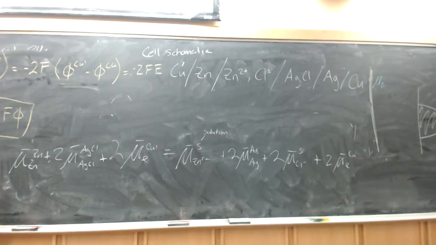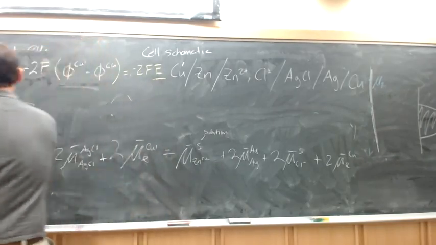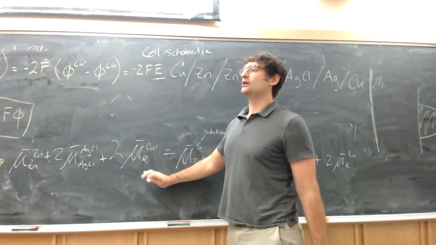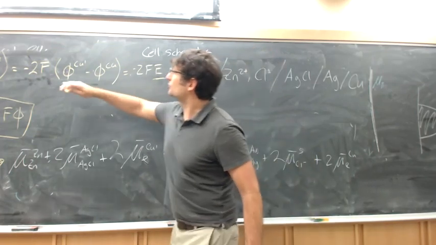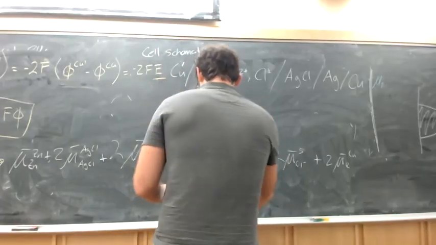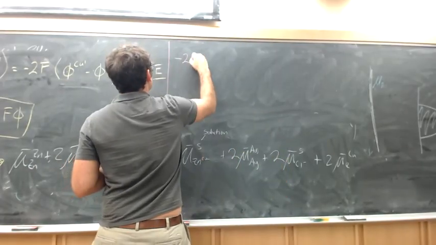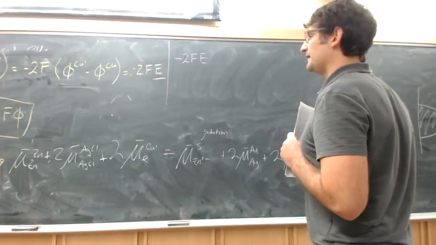So now I actually have a way, I've identified the cell potential as a component of that equation. And what we're going to try to do is use this equation to derive the equilibrium cell potential. So now at least we know what the cell potential looks like, right? It looks like this term. So if I rearrange this, okay, so anyways, 2F, I'm going to identify those terms here, right?